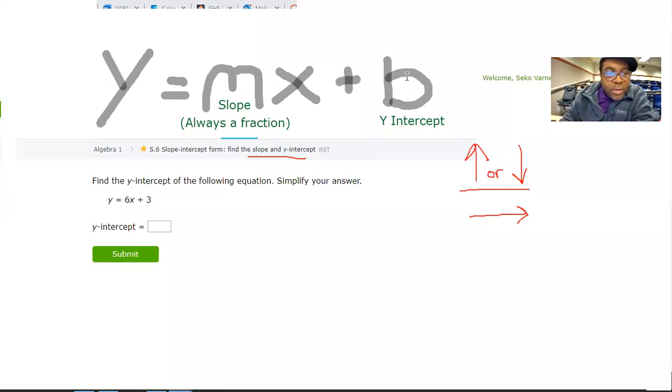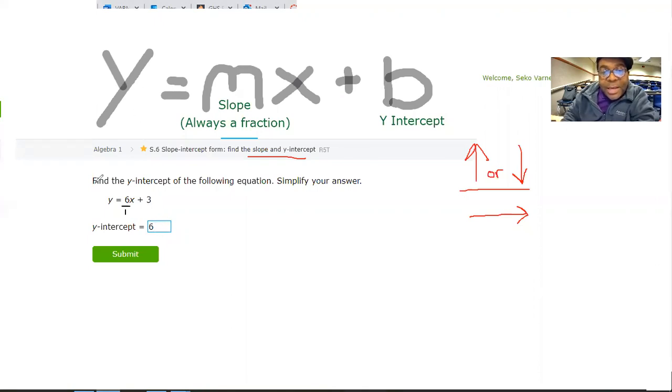Let's do this one. Find the y-intercept of the following equation. Simplify your answer. 6 over 1. Ooh, I think I gave you the answer already. Once again, whenever you see slope, it's always a fraction. This is really 6 over 1, but the simplest form is just a 6. But look at what I did.